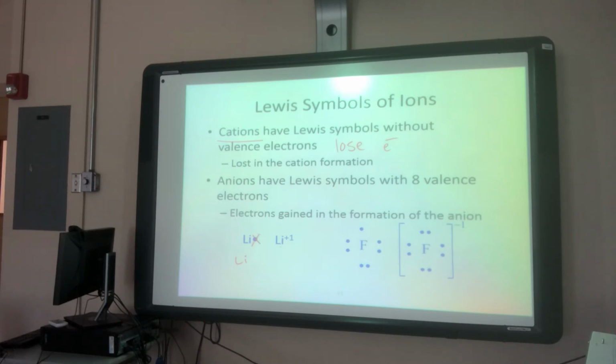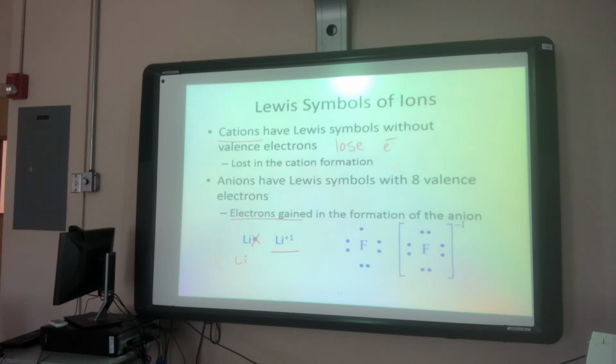So it would just be Li. But I don't want to write just Li, I want to notate that it was changed to an ion. So it's Li plus. This is what you're used to writing. So when you wrote Li plus, you didn't realize you were writing its Lewis symbol. You just take whatever the neutral picture was and then remove however many electrons, and it's just the symbol plus its new charge.